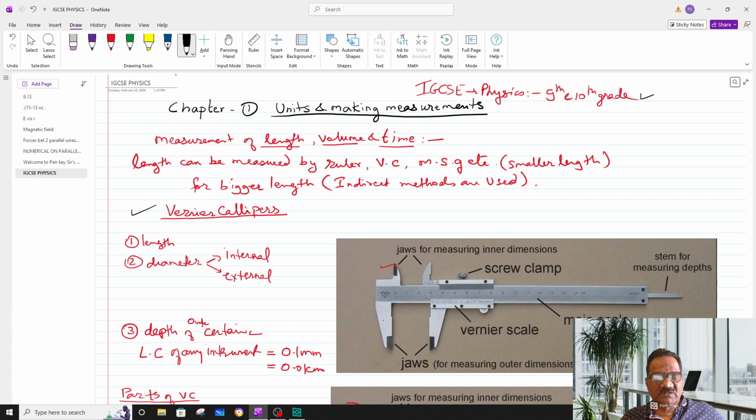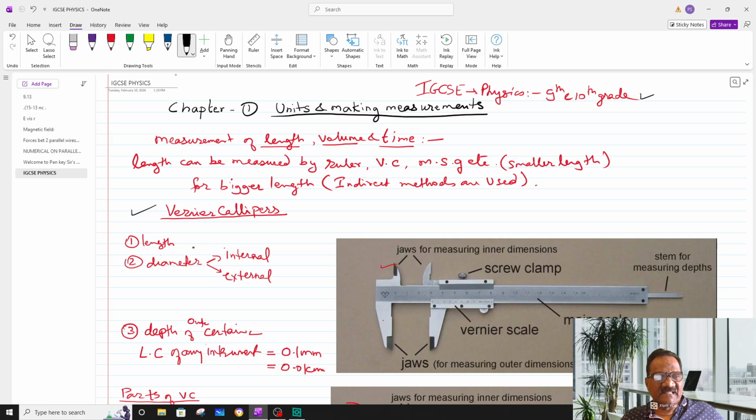Both the outer and inner diameter you can measure using a vernier caliper. The third thing that you can measure is the depth of a container. Suppose you have a beaker with a certain water level, and you want to measure the depth of the water. You can measure that depth also using this vernier caliper. So these are small measurements, small lengths, which you can measure.